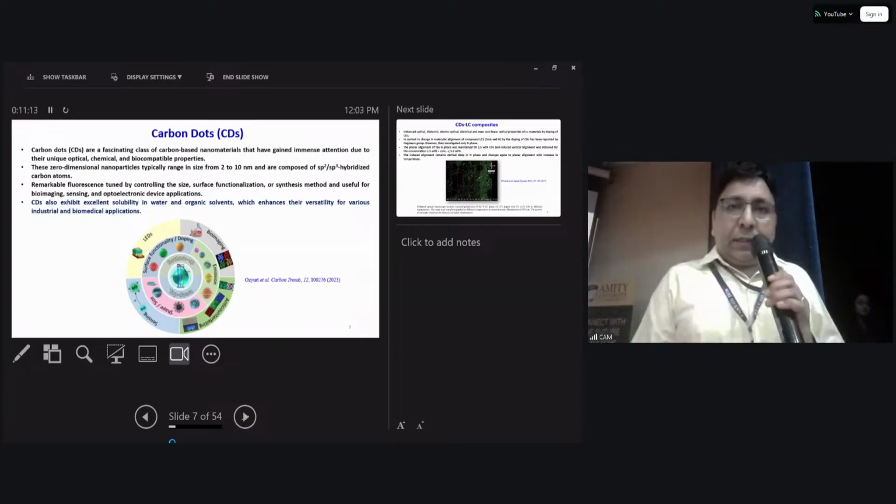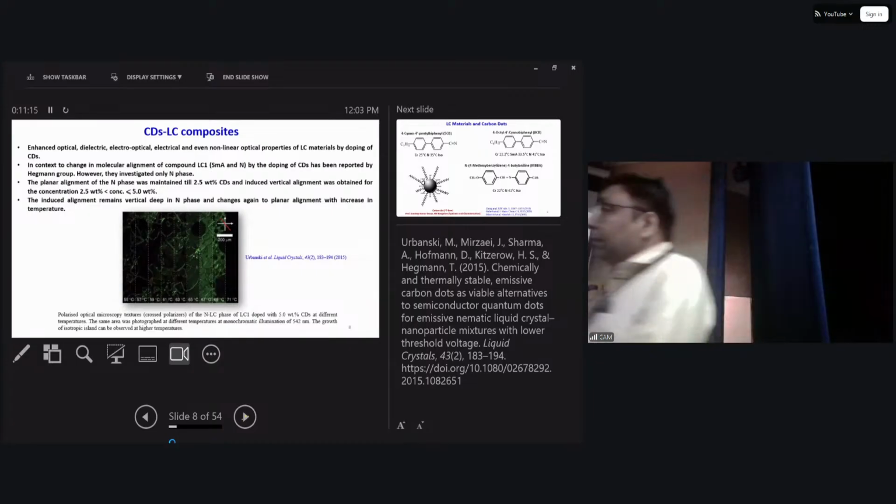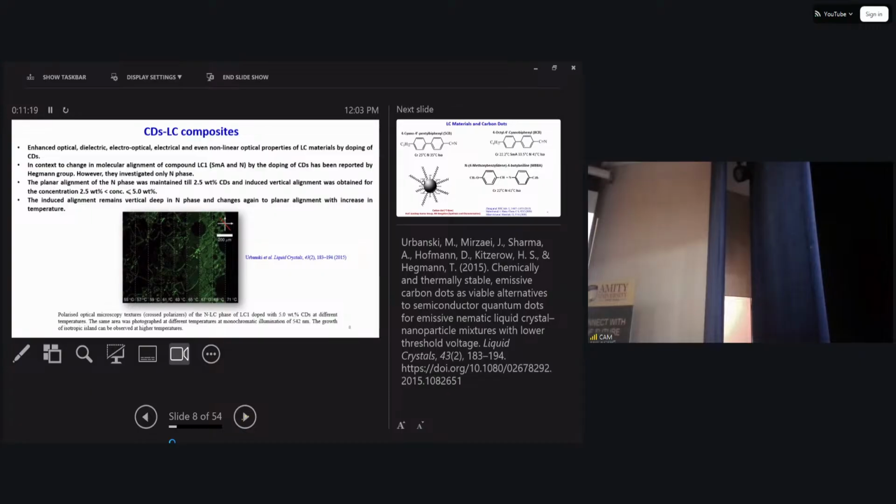Afterwards, when we moved on further, we did a little more searching, and we found that long back, I think in 2015, someone from the USA performed an experiment and used these carbon dots in a sample called LC1, where we have smectic A and nematic.